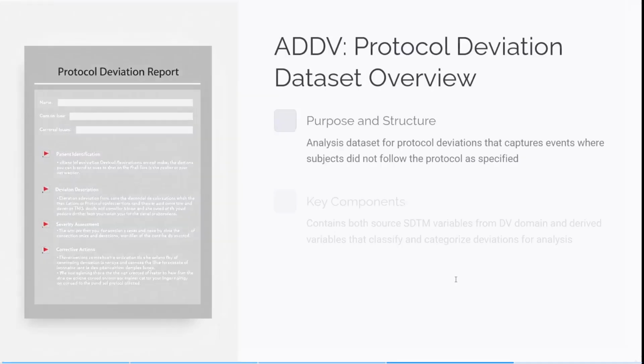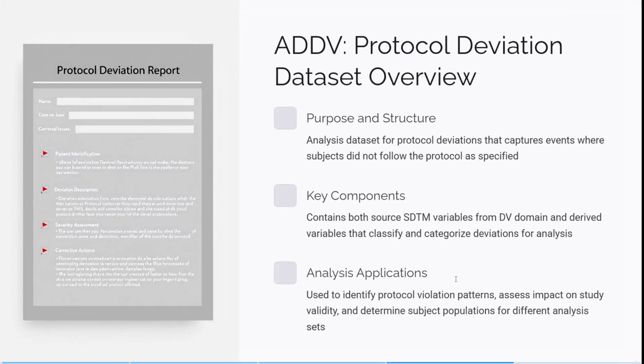Okay, so next one: ADDV, the ADaM deviation dataset. This is the protocol deviation dataset overview. It is an analysis dataset for protocol deviations that captures the events where subjects did not follow the protocol as specified. Those events are presented in the deviation dataset.